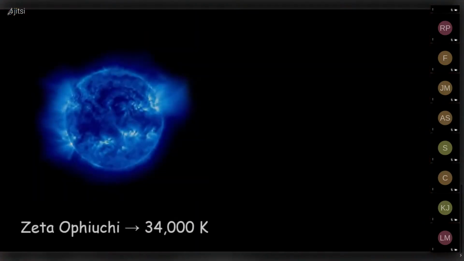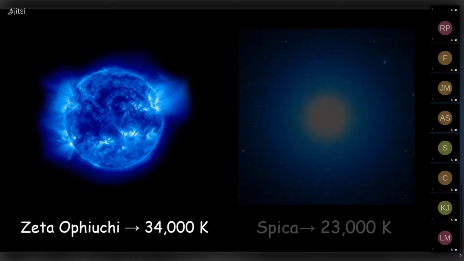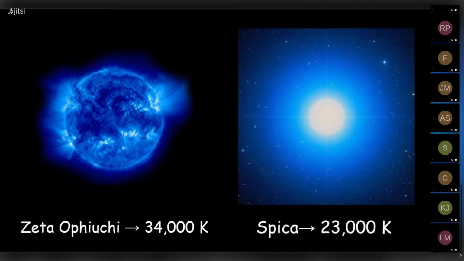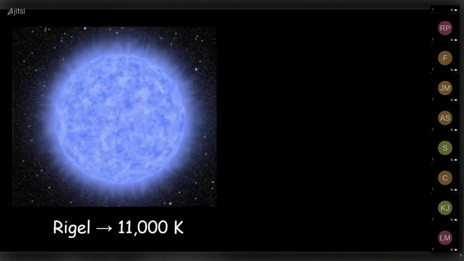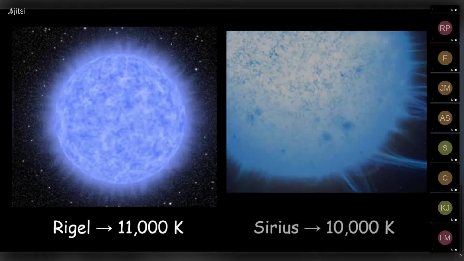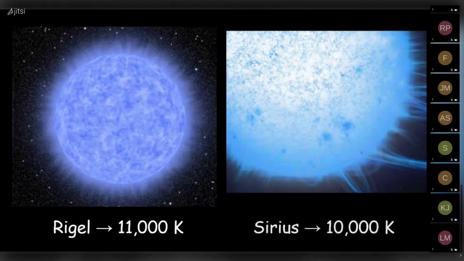So here we have Zeta Ophiuchi, whose surface temperature is 34,000 Kelvin. And Spica, its surface temperature is 23,000 Kelvin. And Rigel, 11,000 Kelvin. And Sirius is 10,000 Kelvin.